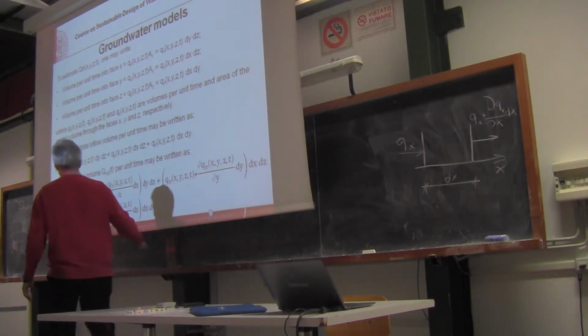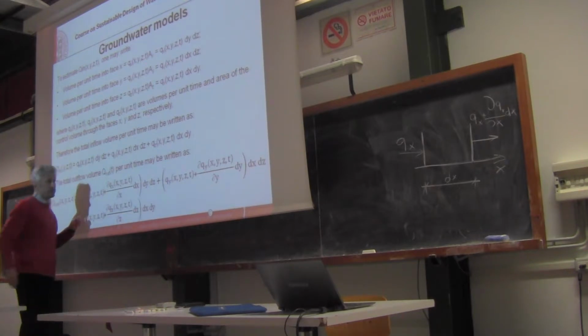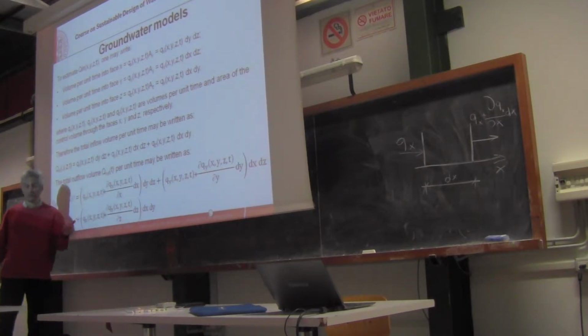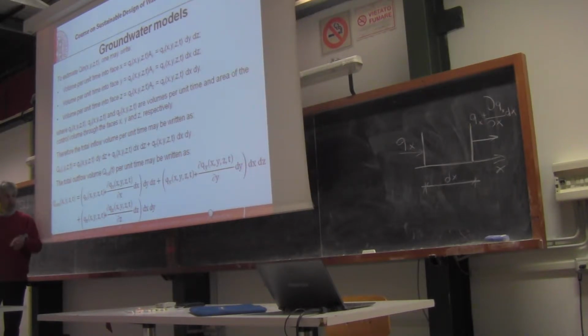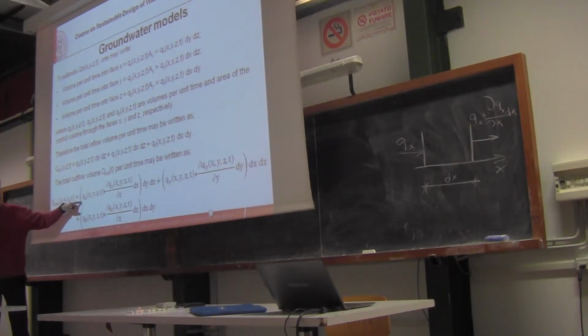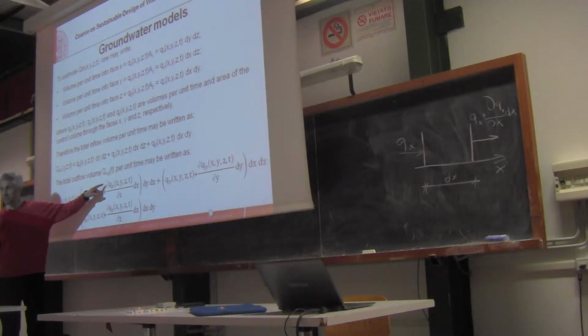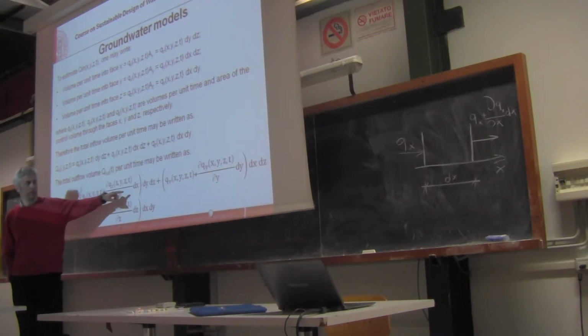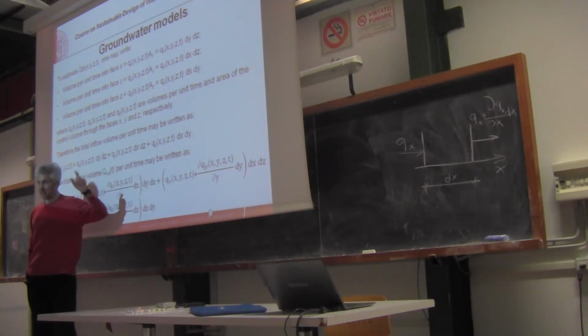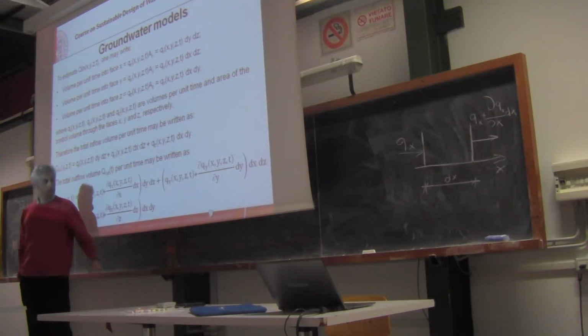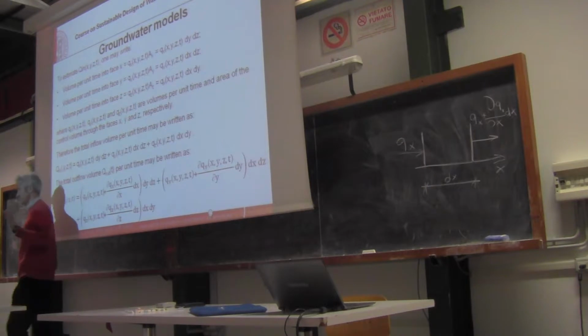And therefore, if I take the sum along the three components, I get, as a result, q out. Q out is equal to qx plus partial derivative of qx with respect to x times dx, dy and dz again, plus the other two components.